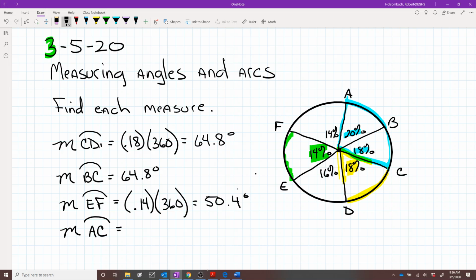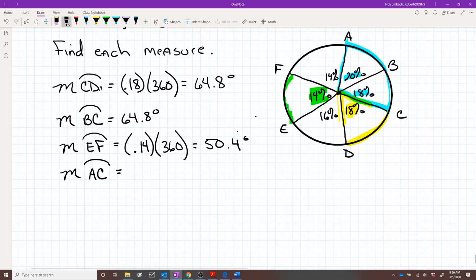So now your 20% plus your 18%, you've got 38% of 360, or 0.38 times 360. And that's 136.8 degrees.